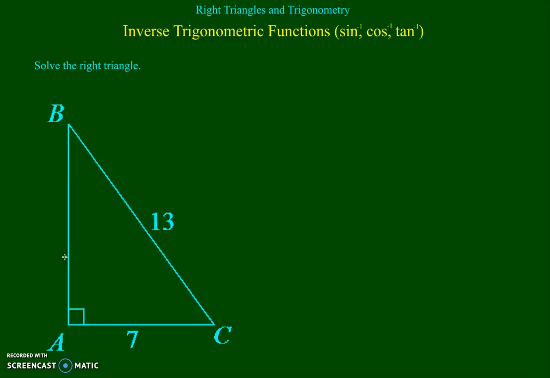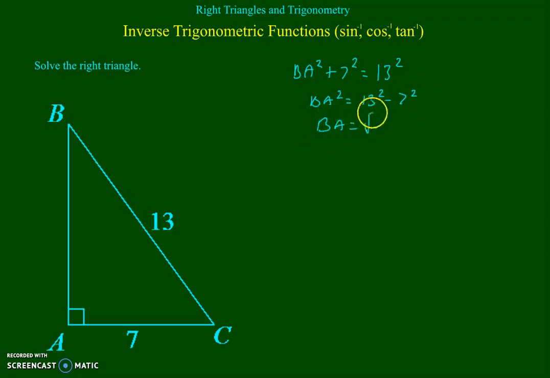Now, finding the side is relatively straightforward because we're just going to use the Pythagorean theorem. Finding the angles, on the other hand, is going to require a different level of trigonometric function. So let's first get this side out of the way and solve for that. By the Pythagorean theorem, we have BA squared plus 7 squared equals 13 squared. BA squared equals 13 squared minus 7 squared.